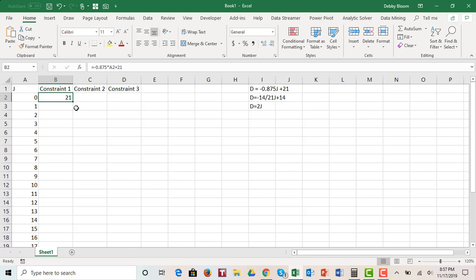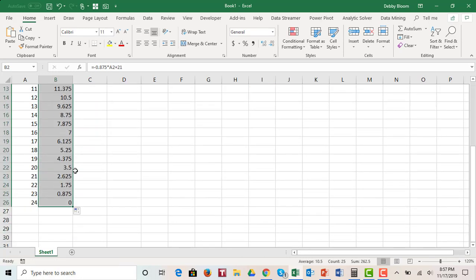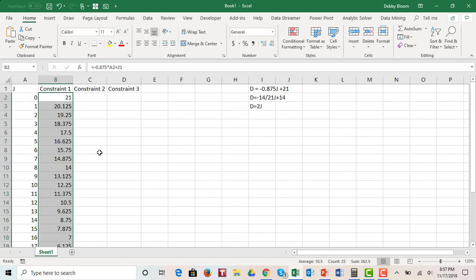I'm going to click on cell B2, and I'm going to double click that fill handle, and notice it goes down to 0. Now in cell C2, I'm going to put in the formula for our second constraint. We take j, multiply it by negative 14 divided by 21, and then add the number 14.